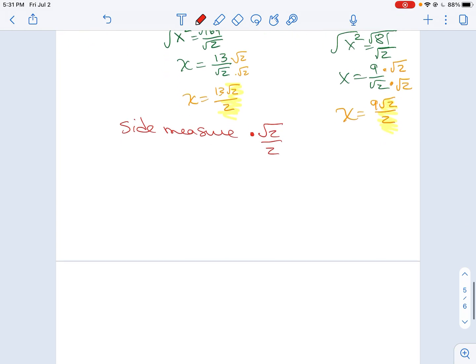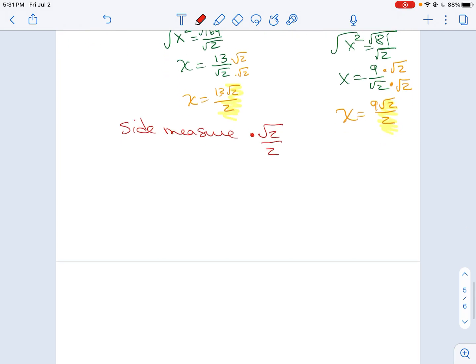That's all you're doing. I shouldn't say side measure. I apologize for that. I should say hypotenuse measure and you multiply by the square root of 2 over 2.